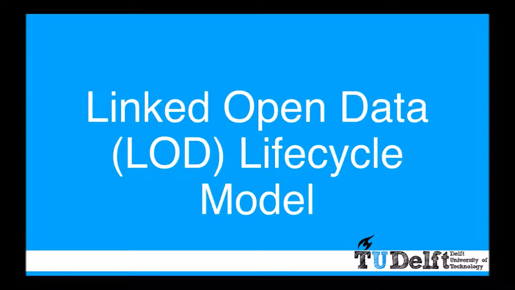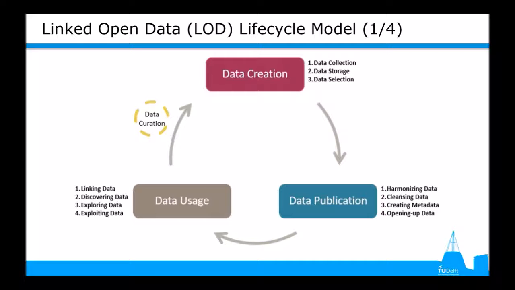And then we go to the linked open data lifecycle model. This lifecycle comprises the data creation, where we collect, store, and select which data we will link or open. Then we publish this data. We harmonize this data with the other data we have. We cleanse the data if we need.